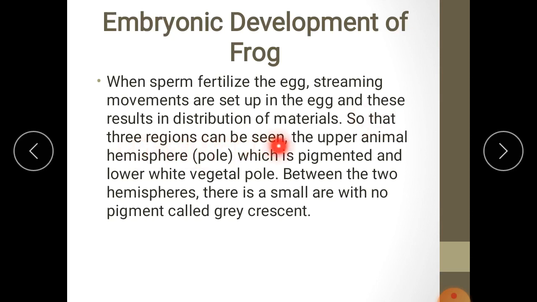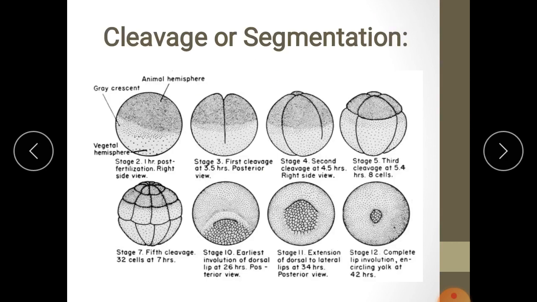Therefore, because of the penetration of sperm into the egg, three regions are developed: the upper animal hemisphere, which is pigmented, and lower white vegetal pole. Between the two hemispheres, there is a small region, with or without pigment, called gray crescent. This is the gray crescent.